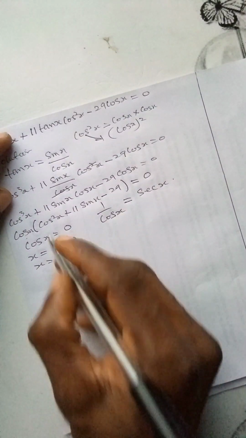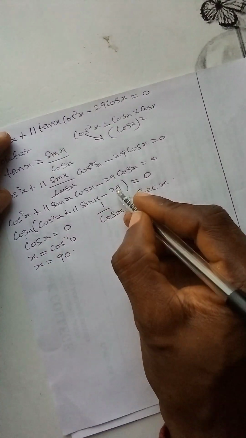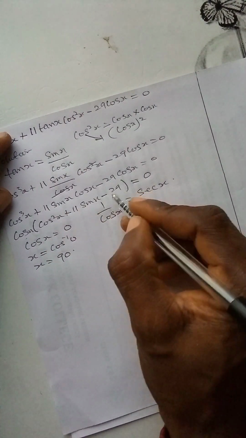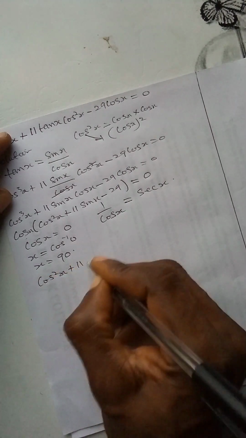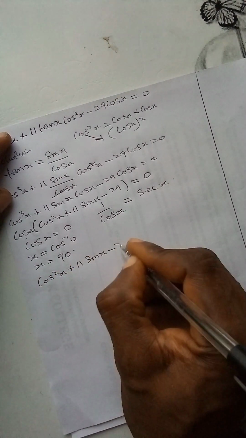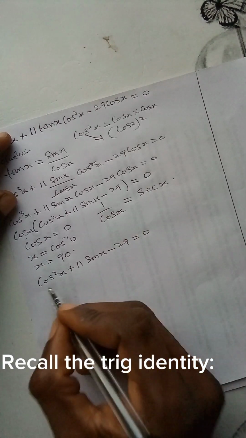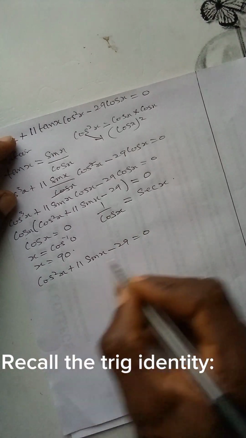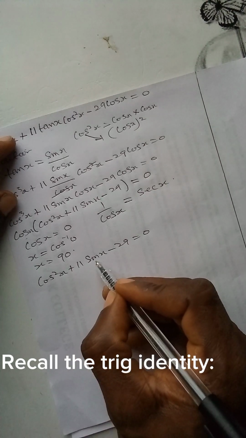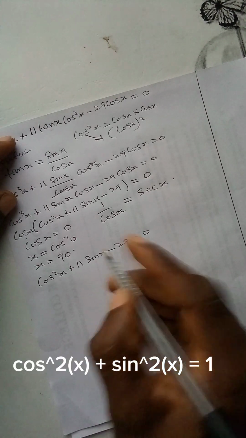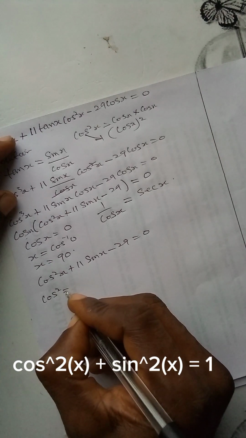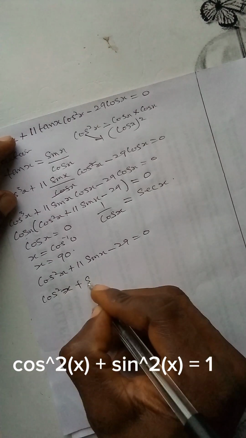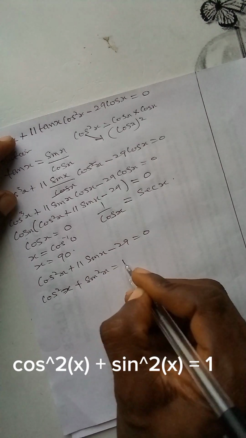Let us proceed. Now, we have these terms inside the brackets to equate to 0. So cos squared x plus 11 sine x minus 29 is equal to 0. I need to express this term such that they will only appear in terms of sine x. To do that, let's make this substitution: cos squared x plus sine squared x is equal to 1.